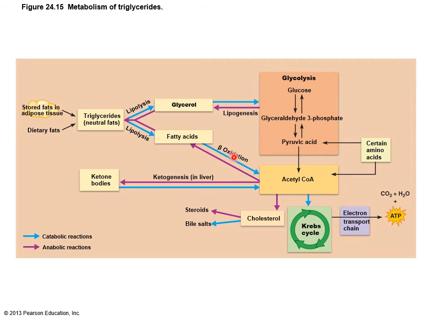Now remember, your 2 carbons come in here in the form of an acetyl group, CoA. And see how this arrow only goes one way? You can't use those long fatty acid chains to make glucose. They only make the acetyl group. And where does that go? Into the Krebs cycle, electron transport chain to make ATP.